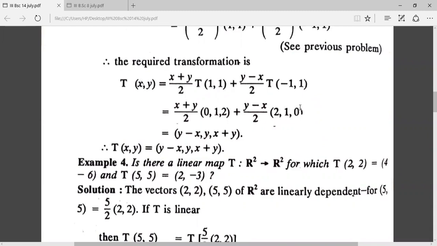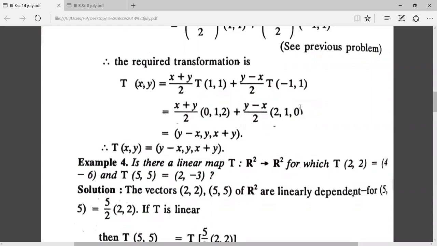What we have to do is add the corresponding components. First component: (x plus y) by 2 into 0 plus (y minus x) by 2 into 2, the 2 cancels, you get y minus x. Second component: (x plus y) into 1 divided by 2 plus (y minus x) into 1 divided by 2. x and minus x cancel, y plus y is 2y divided by 2, therefore it is y.